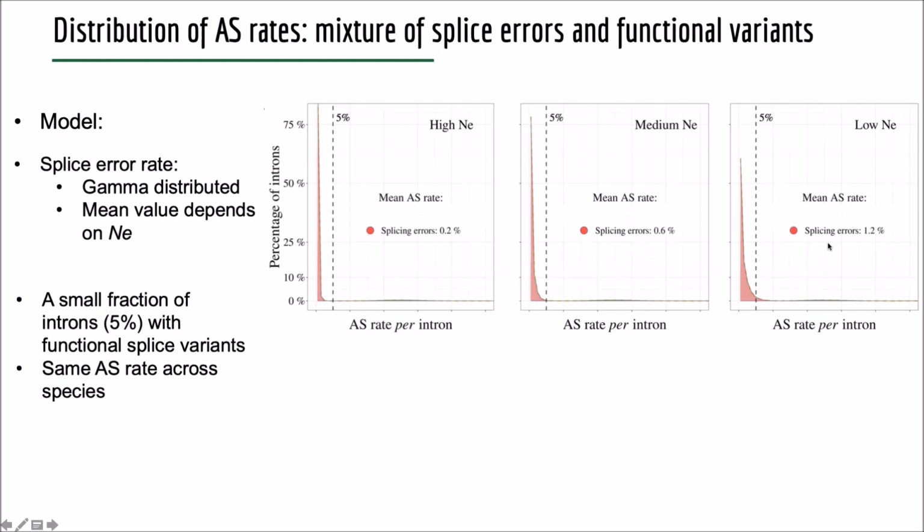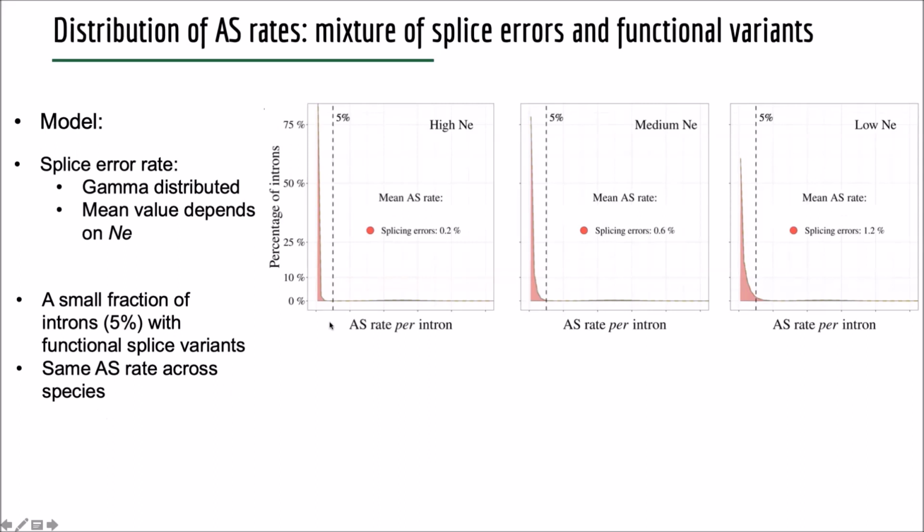And we assume that a small fraction of introns undergo functional alternative splicing. Just for the purpose of illustration, imagine that, let's say, 5% of introns undergo functional alternative splicing.